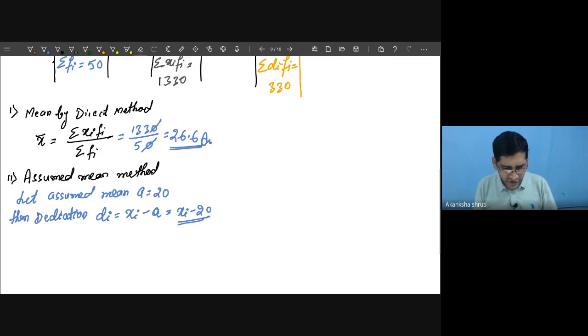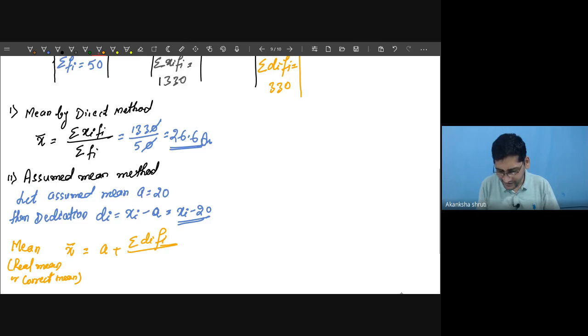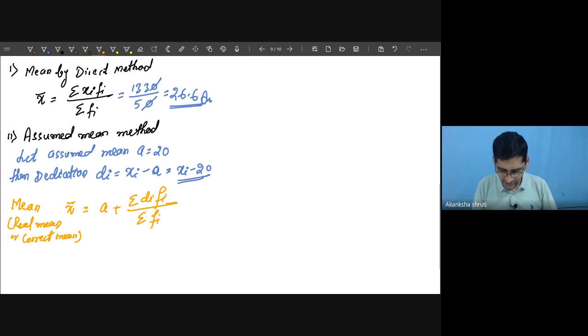For this assumed mean method, the mean, this mean means the correct or real mean. So mean x bar: the assumed mean has to be adjusted with summation of DiFi divided by summation of Fi. That's all. Go for doing this.